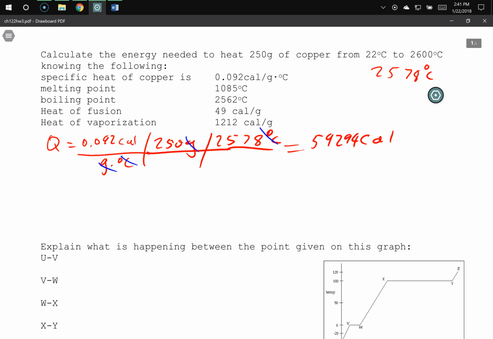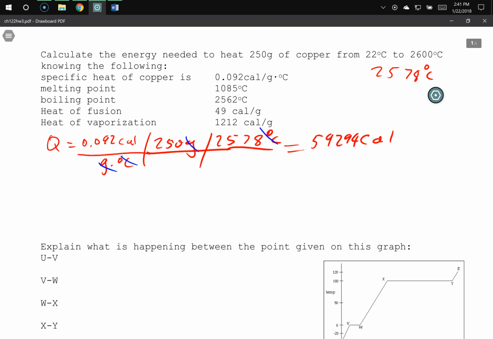And some is being used to make the gaseous copper fly around inside the container faster. But all of that energy is being used to make the atoms move faster. So what we need to do now is calculate the amount of energy needed to melt that copper, and to vaporize that copper, which is why we have the other two pieces. In the example that we did before, we had five different Qs.